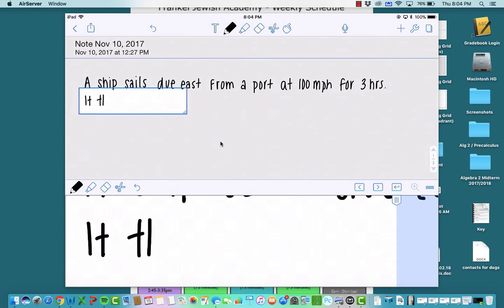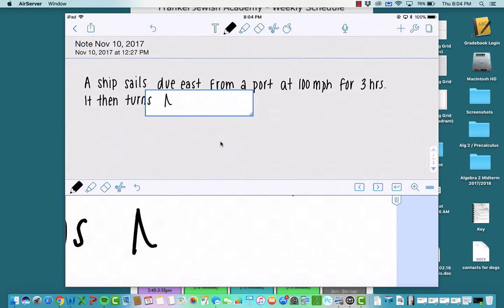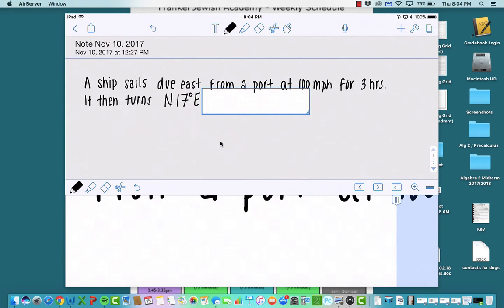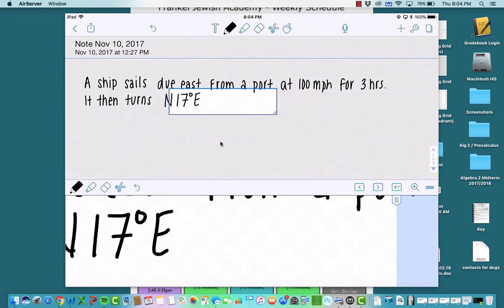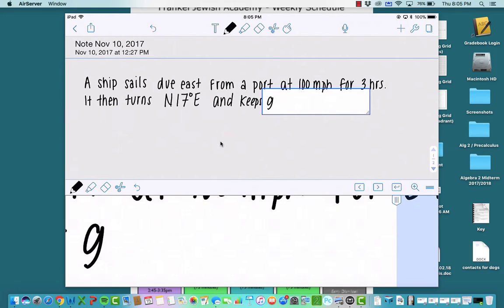It then turns. This means 17 degrees east from north. And keeps going.